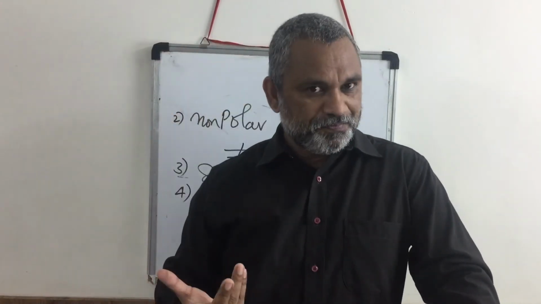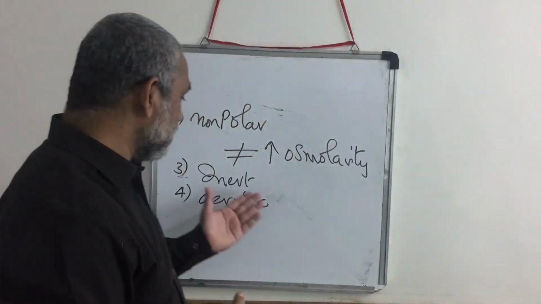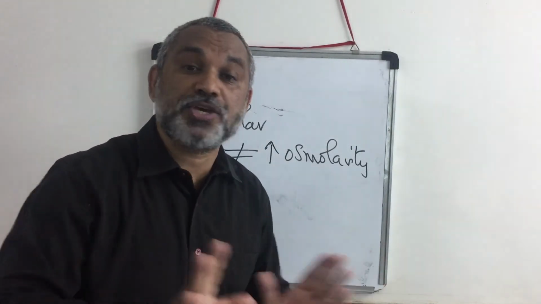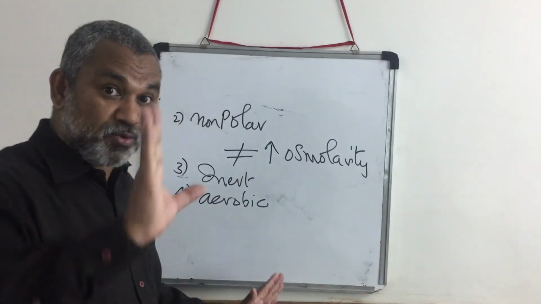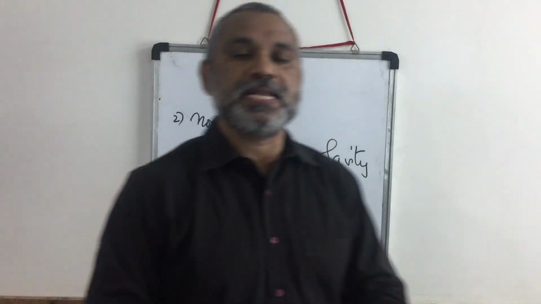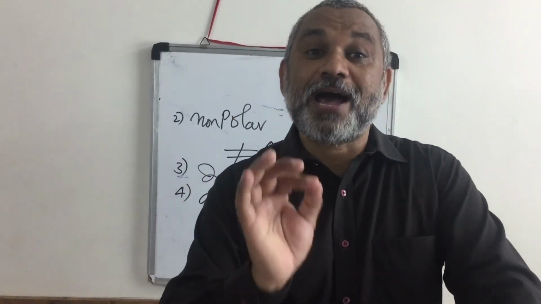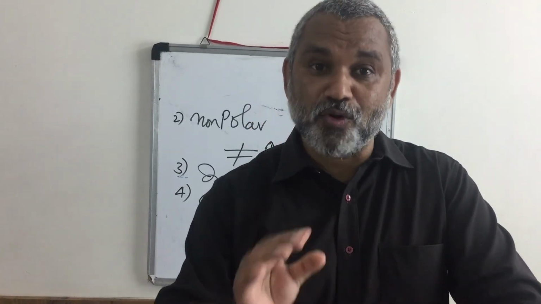The third important property is that it is an inert molecule, so no unwanted side reaction occurs, and finally it is an aerobic process. These are some of the advantages fat has as a storage molecule.